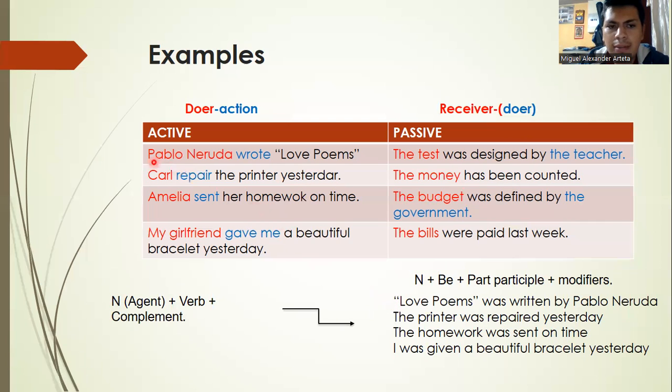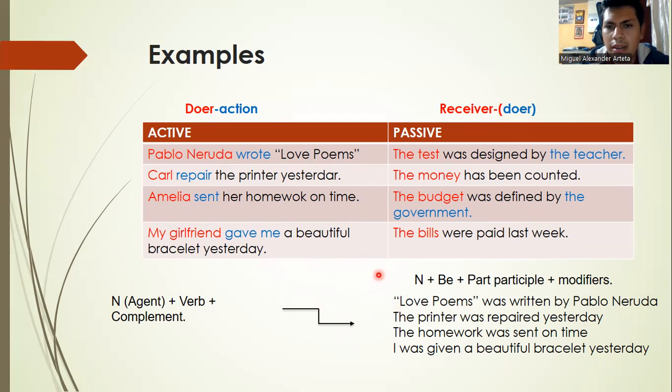For example, changing from those examples to passive voice, we have "Pablo Neruda wrote love poems" in active. Changing to passive, we have to put first "love poems" in the first part, because this is the direct object, this is the receiver.